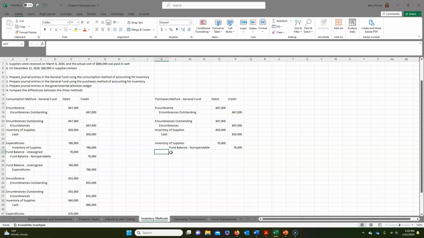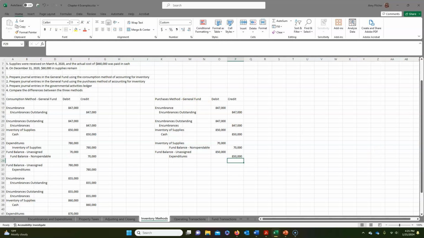And then we have fund balance unassigned and expenditures. So here we're expensing the entire purchase of the $850,000. This is the purchases method versus the consumption method.